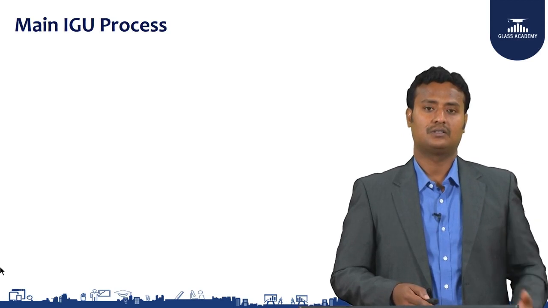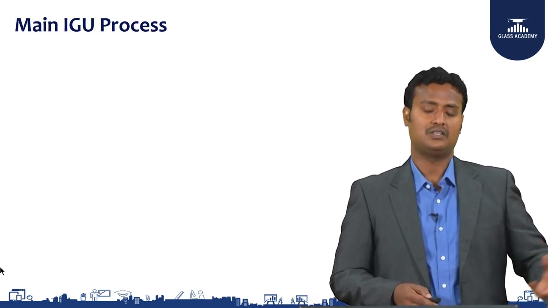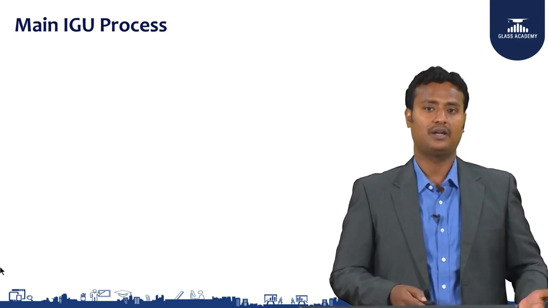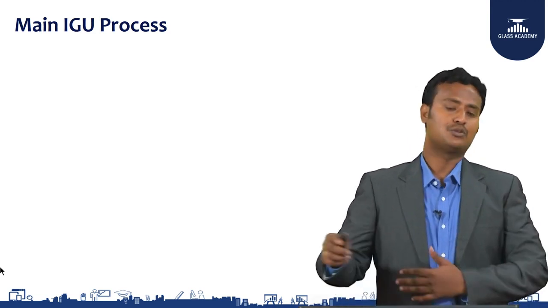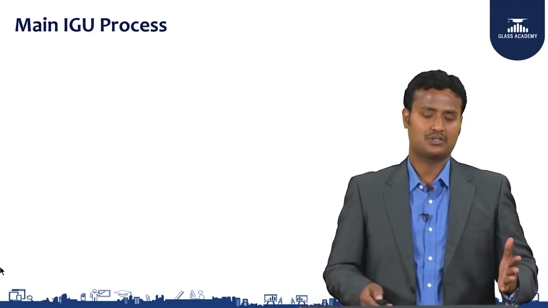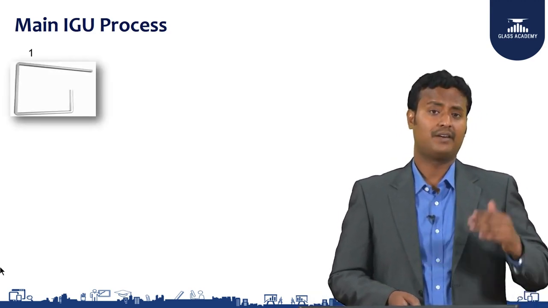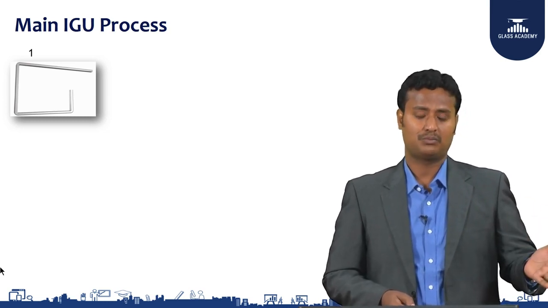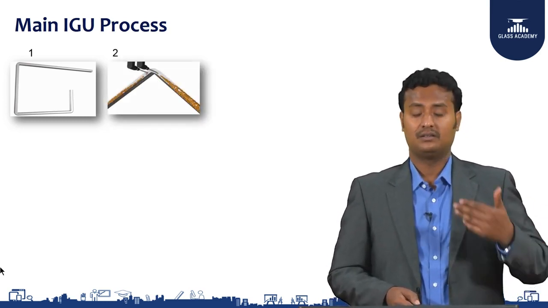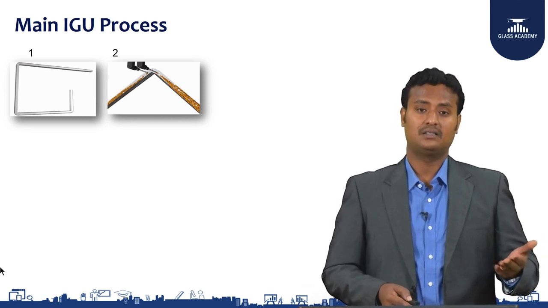And now the main IGU process. We discussed the pre-processing, like cutting, grinding, washing, tempering, and let's move on to the IGU process. The IGU process is mainly frame fabrication. It's the most important process. And then desiccant filling.